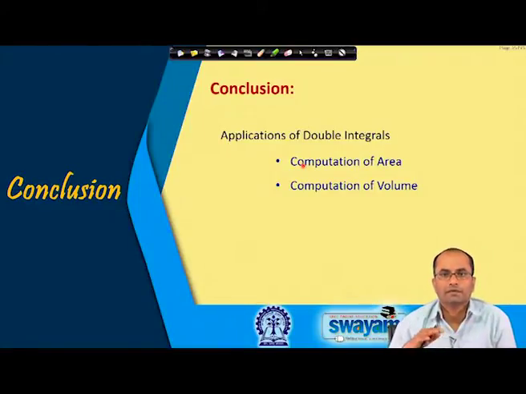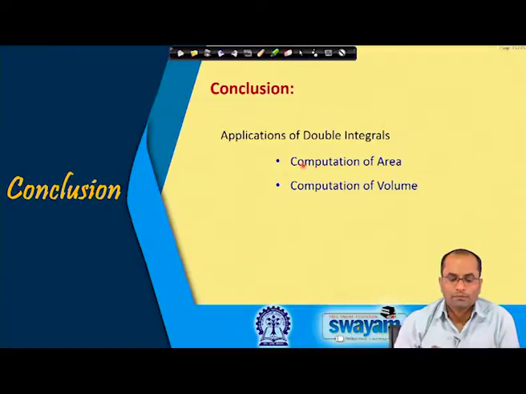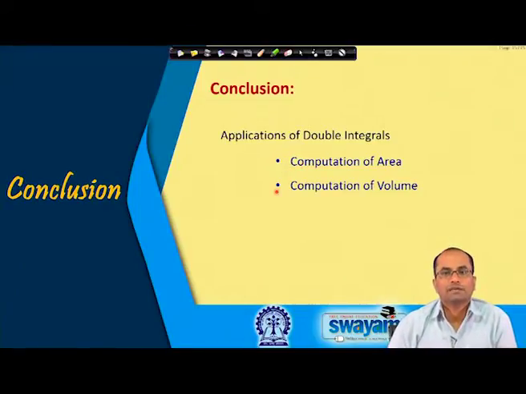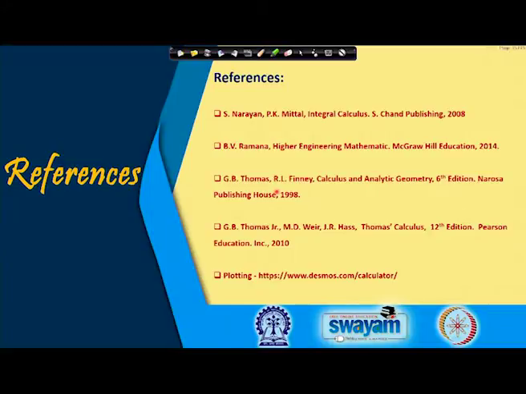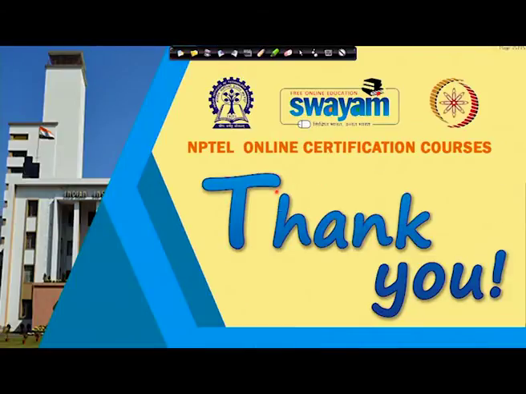Now we have computed only the area of the domain of the function, and later on we can also compute the surface area of the given surface using double integrals. But this was a straightforward application, the computation of the area and the volume, which we have covered today. These are the references used to prepare these lectures, and thank you very much.